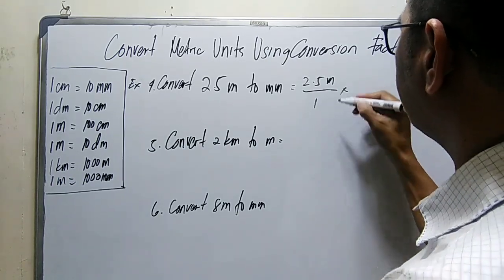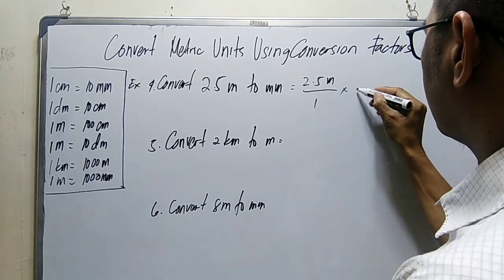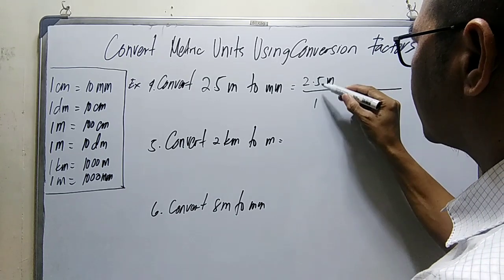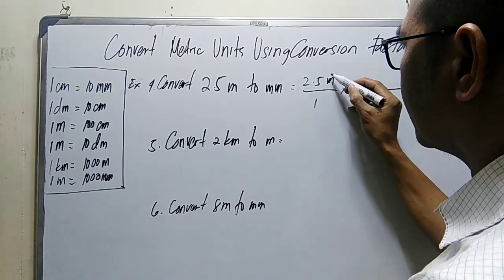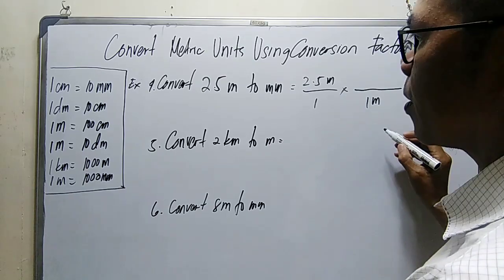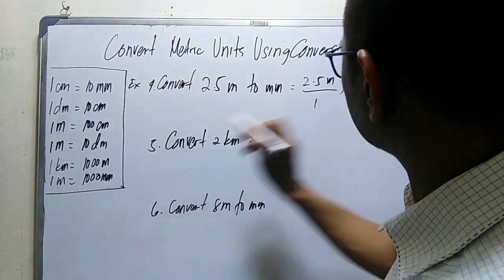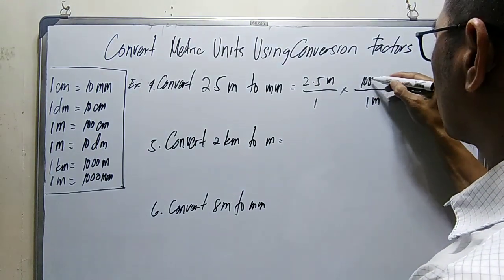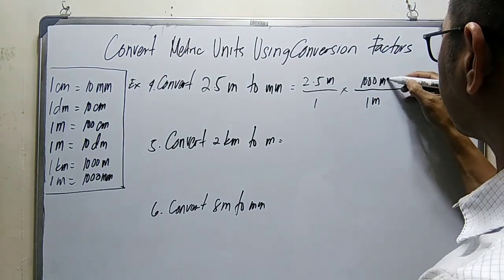So, times. Ano yung denominator natin dito? Dapat the same units siya sa ating original na measurement. So, dapat 1 meter dito. 1 meter, ang equivalent niya sa millimeter is 1,000 millimeters.